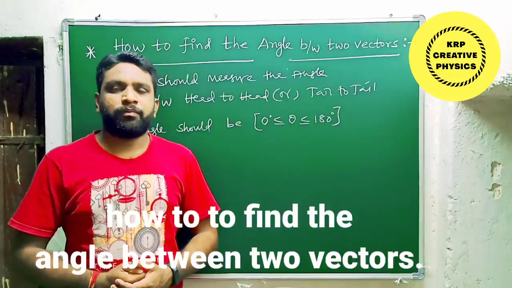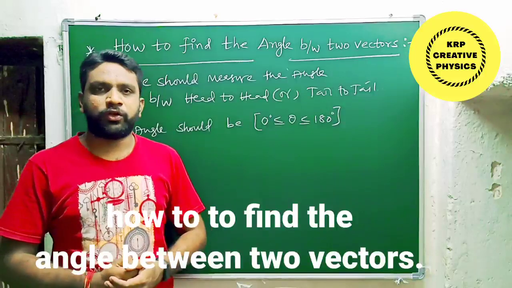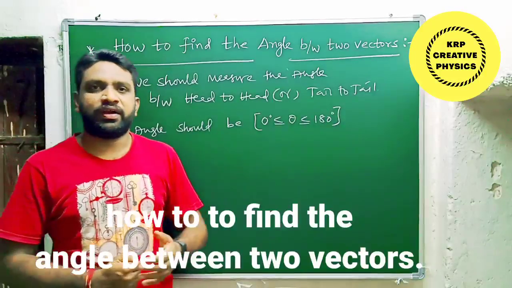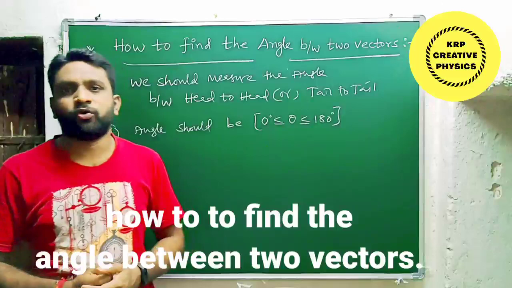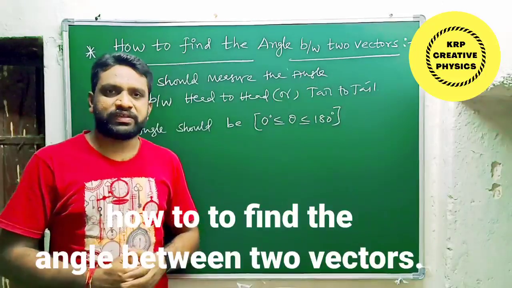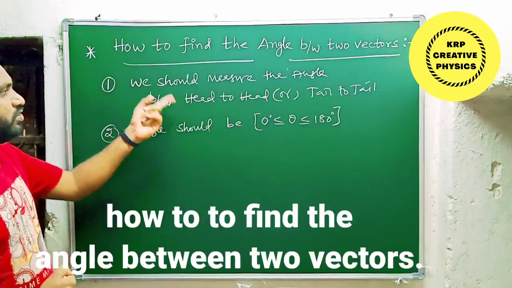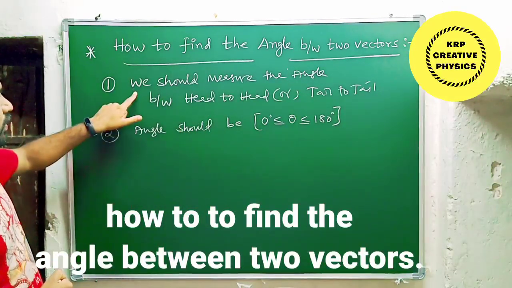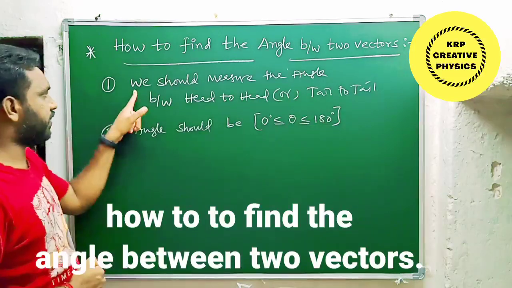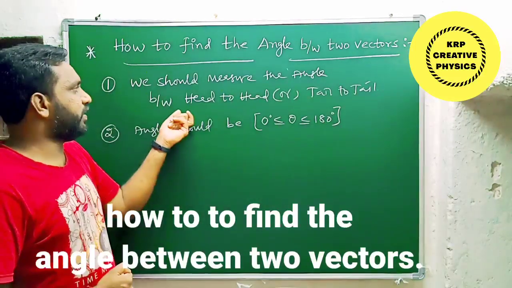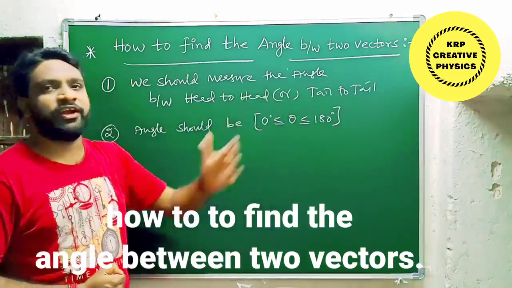Okay friends, after the completion of parallel shift of vectors, now we are going to learn how to find or measure the angle between any given two vectors. If we want to measure the angle between any given two vectors, first we need to follow these two conditions. Condition one is very important. Try to observe that one. What is the condition one here? We should measure the angle between head to head or else tail to tail.